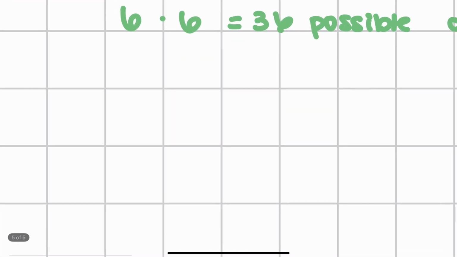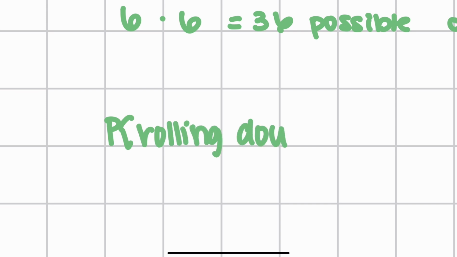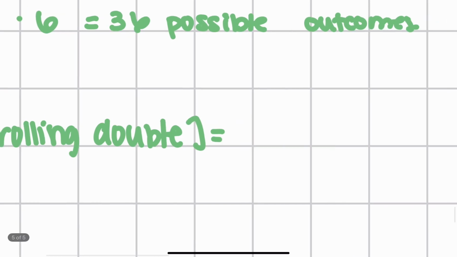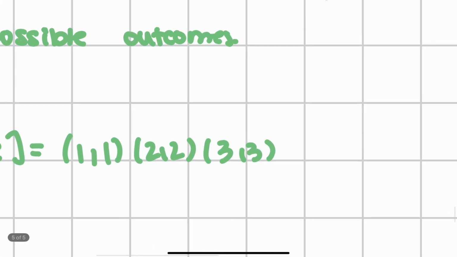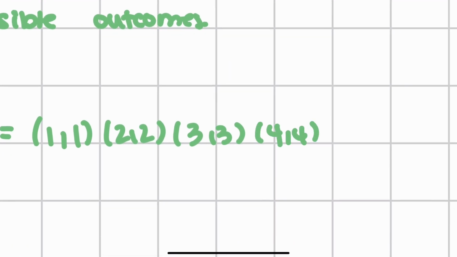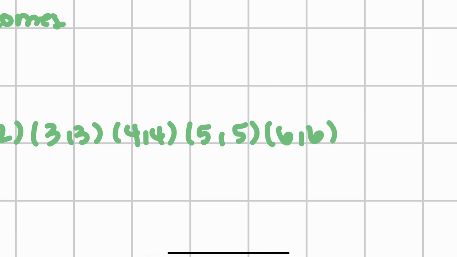So if we want to look at the probability of rolling a double when rolling 2 6-sided die, well, our number of favorable outcomes is 1, 1, 2, 2, 3, 3, 4, 4, 5, 5, and finally 6, 6.